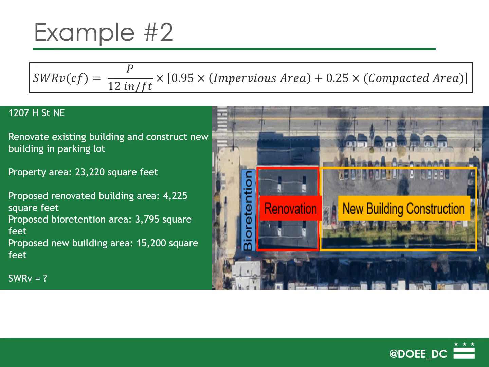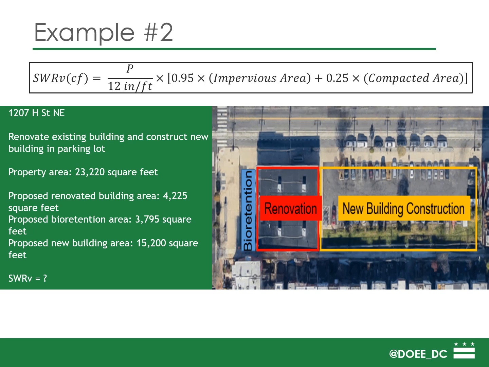So here's our equation for the SWRv. And first we want to know what precipitation depth we are going to use in this equation. So let's look at our activities on the site. We can see that there's a bioretention area and a new building construction. Both of these areas are going to constitute land disturbance.